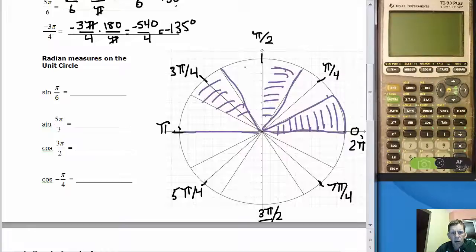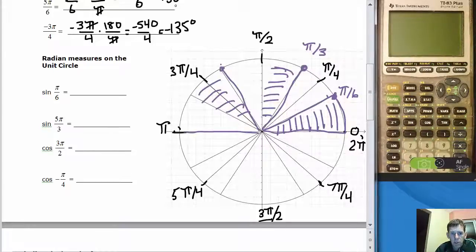So if half of the circle is equal to pi, this would be 1/6 of the way. We'll call it pi over 6. The next point is 2/6. Now instead of writing 2/6, 2/6 reduces to 1/3. We're going to call that pi over 3, 1/3 of the way to pi. 1/6, 2/6, this is 3/6, the same as 1/2.